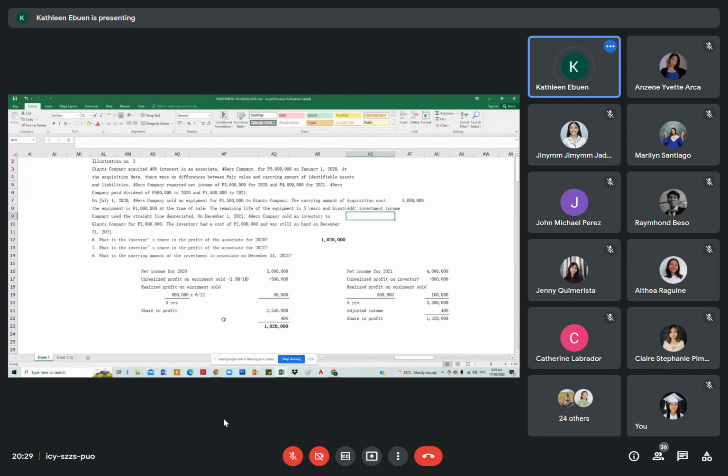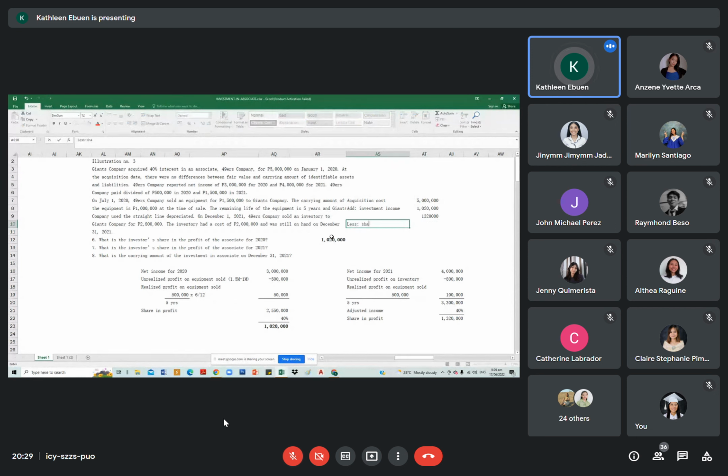Okay. So, investment income natin noong 2020 is 1,020,000. Tapos, yung 2021 naman, we have 1,320,000. May dividends ba na dineclare? Meron. So, 500,000 daw noong 2020.